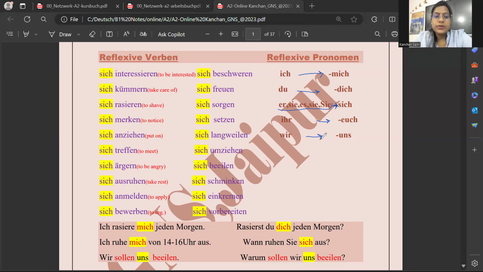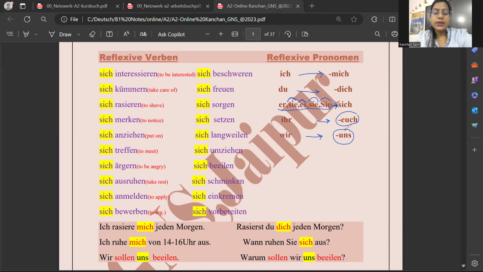The meanings of these reflexive pronouns are: mich, myself; dich, yourself; er, sie, es: er is himself, sie is herself, es is itself; sie (plural) is themselves; and Sie with capital S means yourself; sich means yourself; and then euch, again yourself.